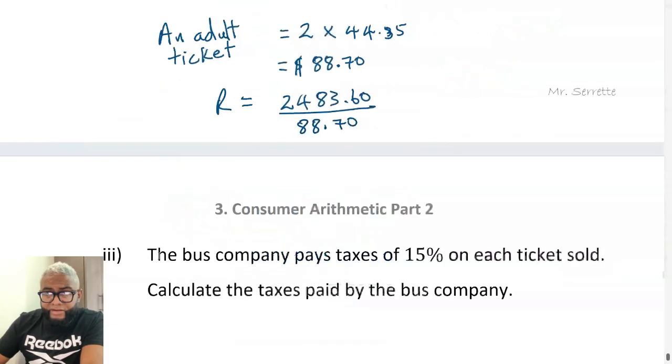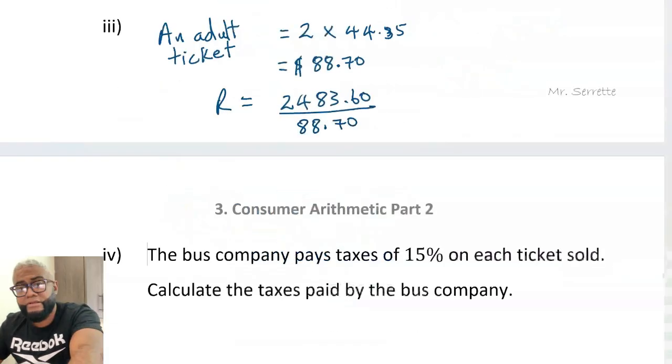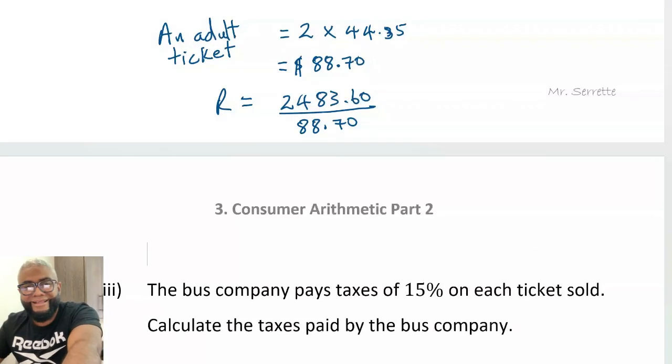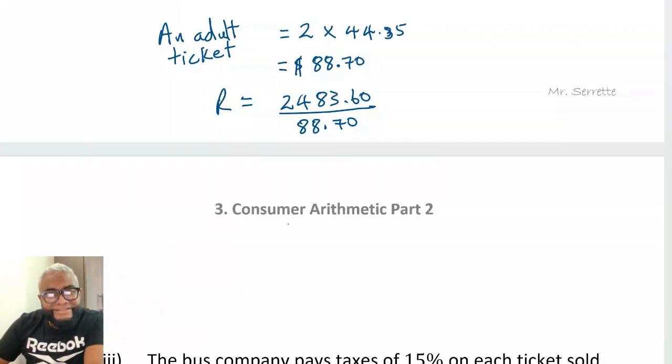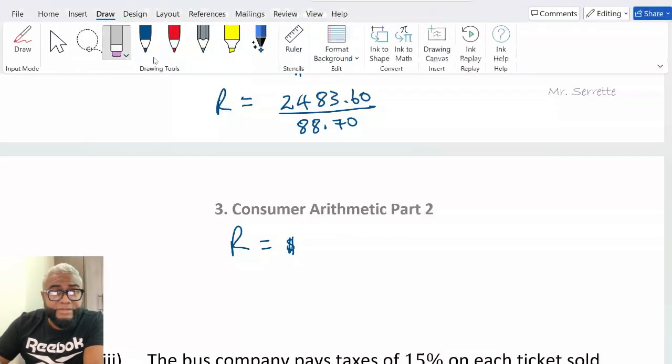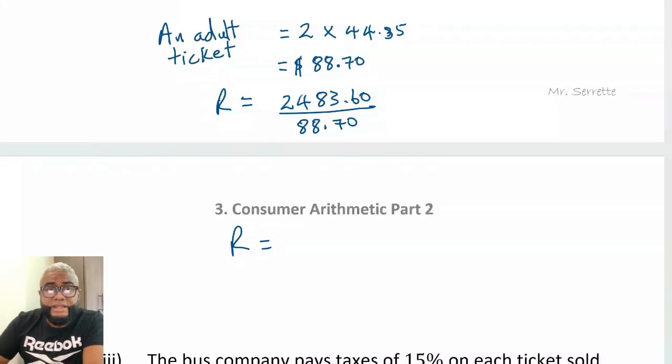So what will be the value of R? 28 tickets. Right, R is equal to 28 tickets, because there's no money. 28 tickets flat.